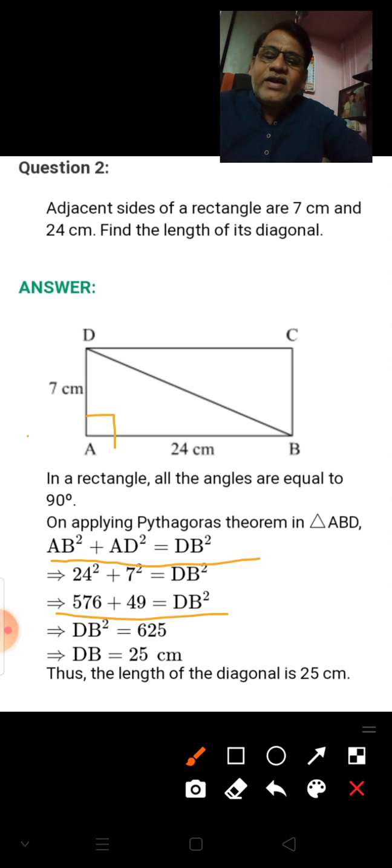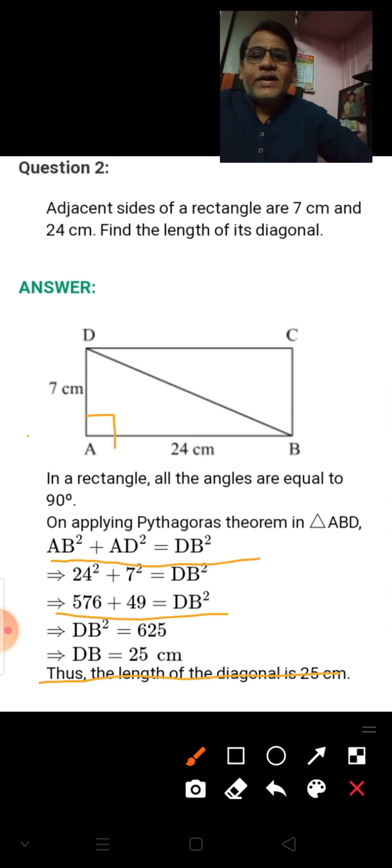When we find the square root of 625, we get 25. So DB is equal to 25 centimeter. DB is the diagonal of the given rectangle, so the length of the diagonal is 25 centimeter. In this way you can find the diagonal of the rectangle if the adjacent sides are given.